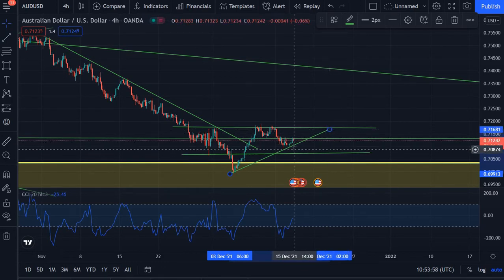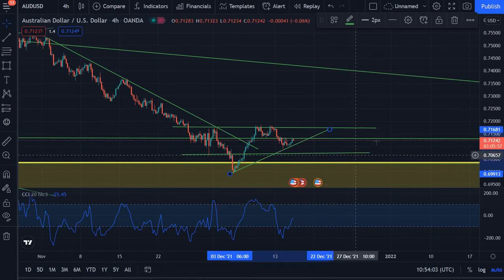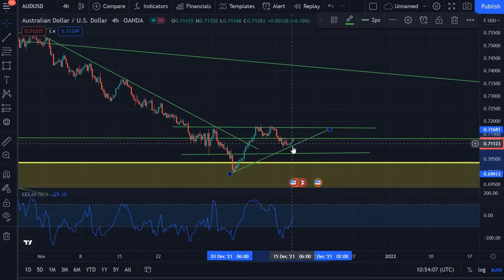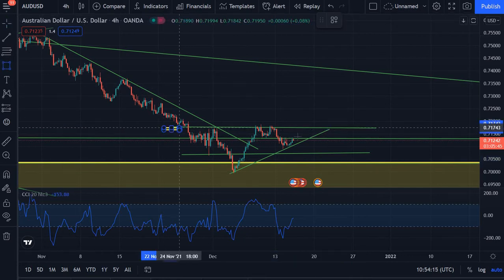So once we break this trend line, we will go to this support line, and then we could rally back and forth here, or go down, or we could bounce off this trend line and go to this kind of resistance line again, more or less.